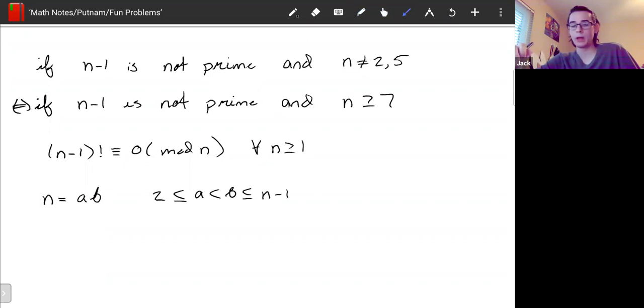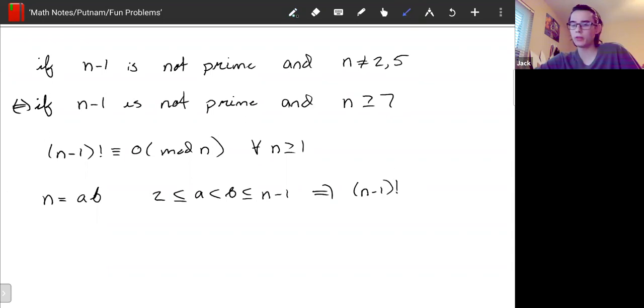And you can see from this that this will imply that n minus 1 factorial actually contains both a and b in its product, because both a and b are less than n minus 1. So that means they're somewhere in this product. That means that n is somewhere in this product. Therefore, if we take this mod n, it comes out to 0.